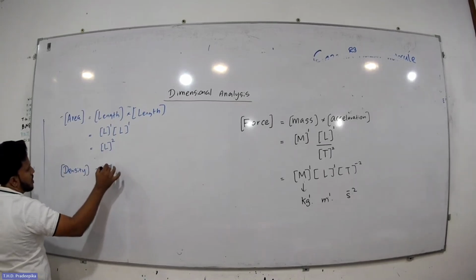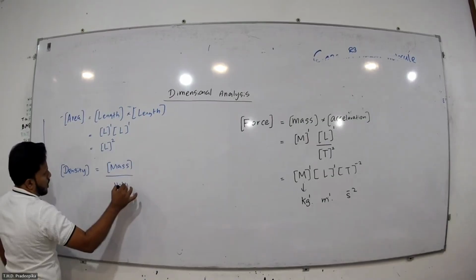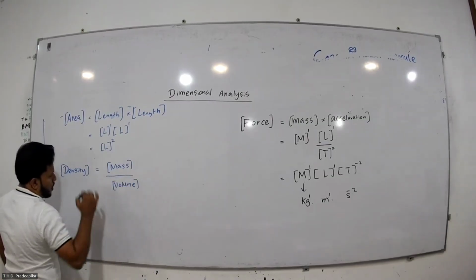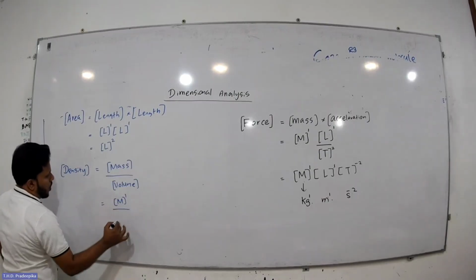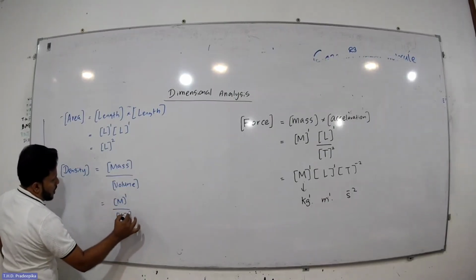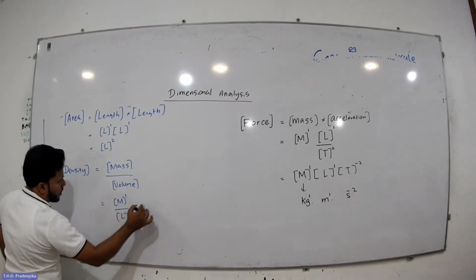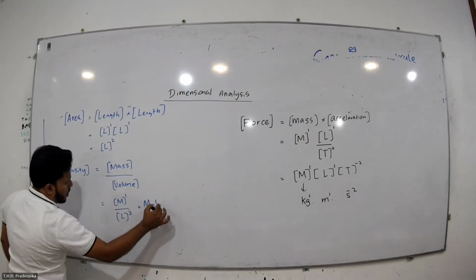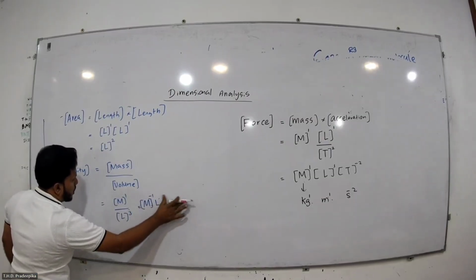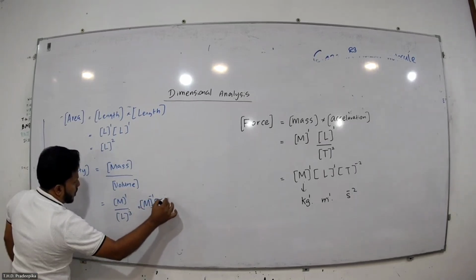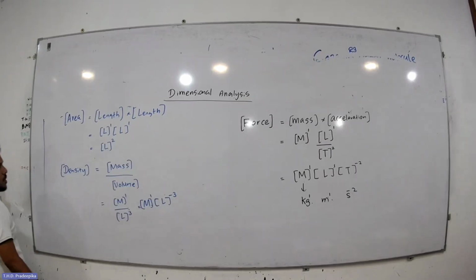Density is mass over volume. So mass symbol is M, dimension is 1, volume symbol is L, dimension is 3. So you can write this denominator as a negative power: M L minus 3.